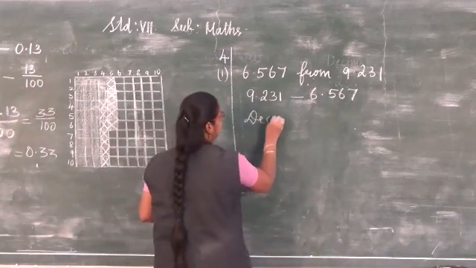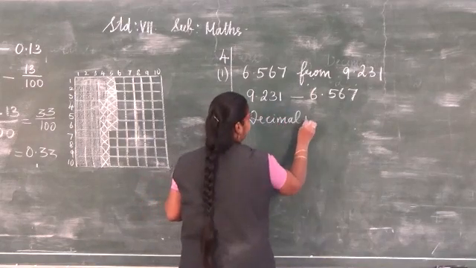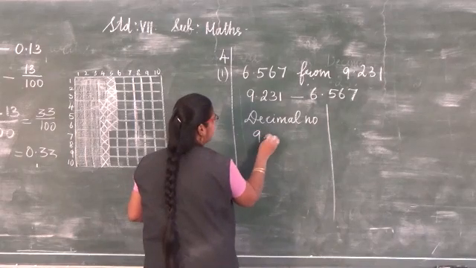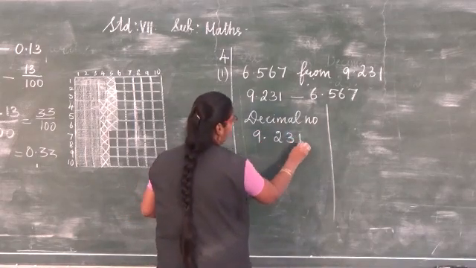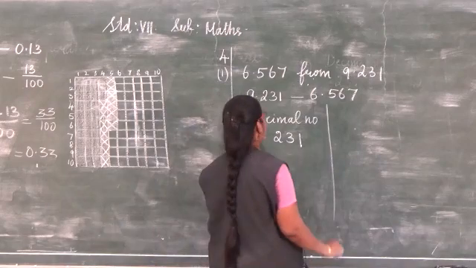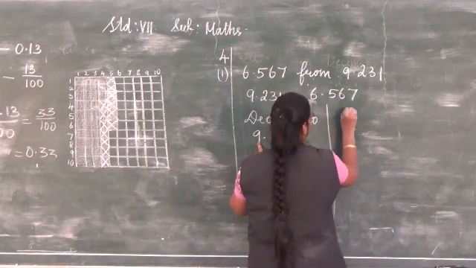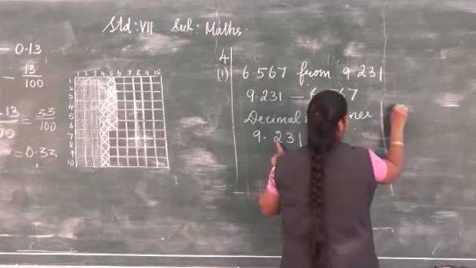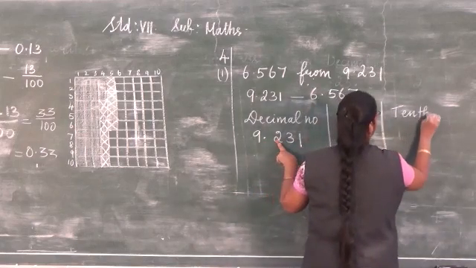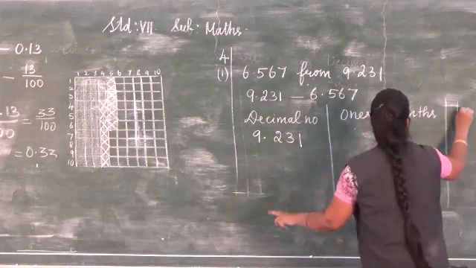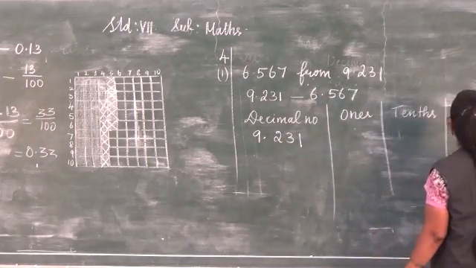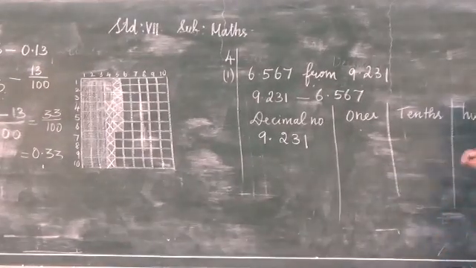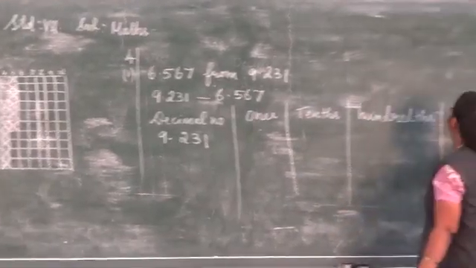So first decimal number you have to write. So what is the decimal number? 9.231. So here first ones they have given, so ones place, then tens, then hundreds, then thousands.